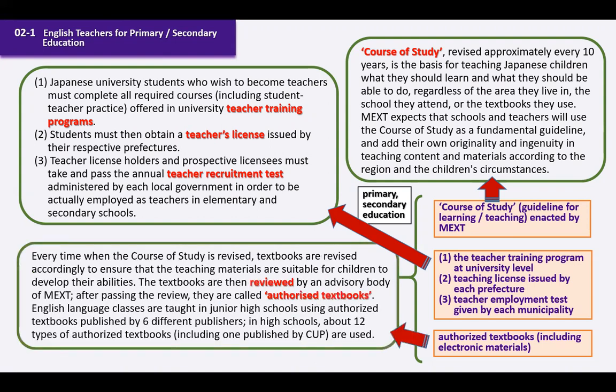The textbooks used in the classrooms are called authorized textbooks. The actual teaching takes place using textbooks chosen by each school from a group of textbooks that have been reviewed by the Ministry of Education.